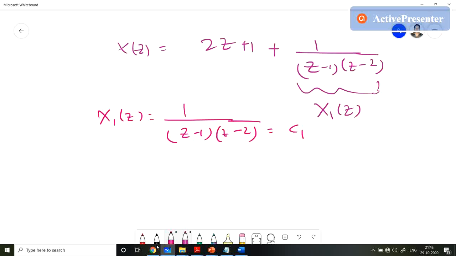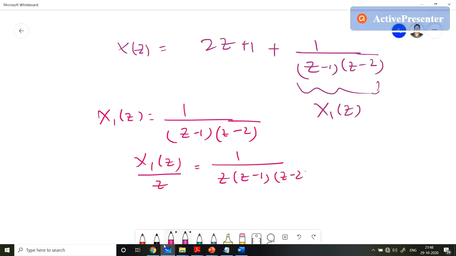Before that, we can divide X1(z) by z, so we get 1 divided by z(z minus 1)(z minus 2), and it can be written as C1 divided by z plus C2 divided by z minus 1 plus C3 divided by z minus 2.